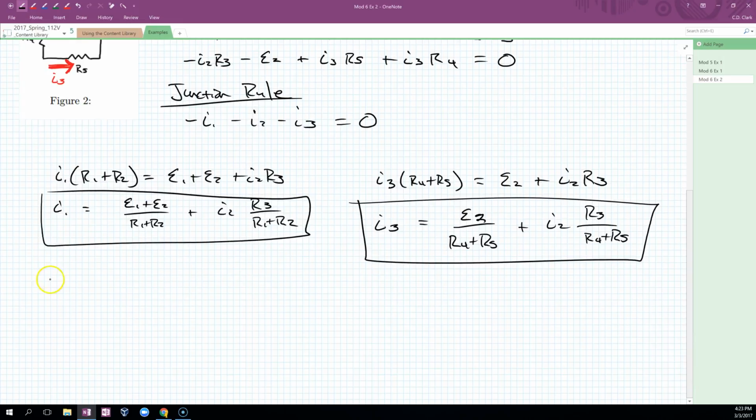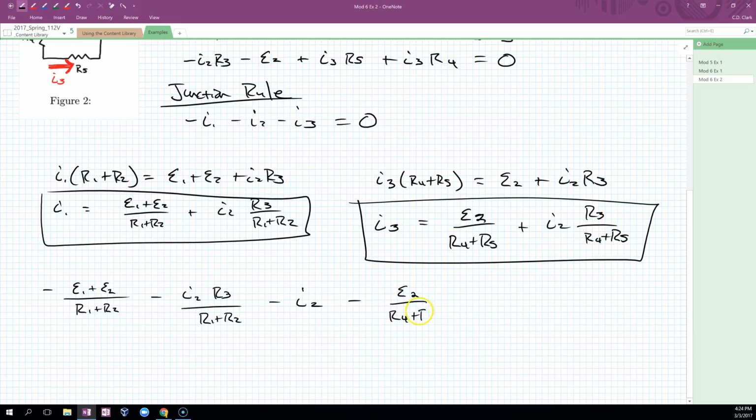So negative I1 minus I2 minus I3 is equal to 0. Negative I1 is going to be this. And then I've got a minus I2 minus I3. That has to be equal to 0.